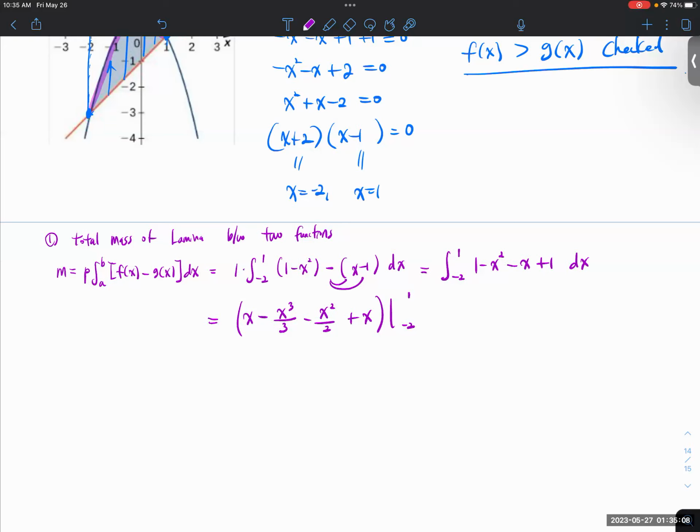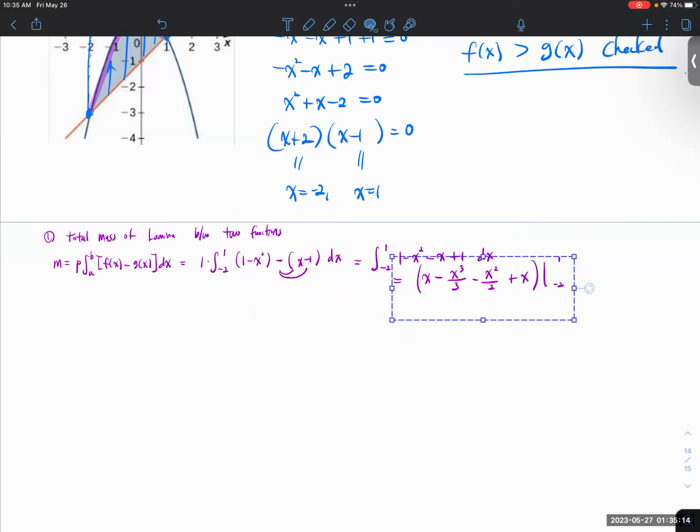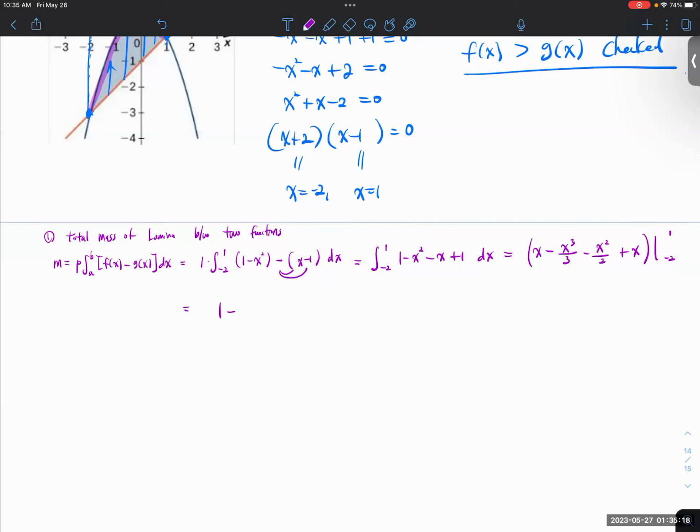So we are going to subtract from large to small.